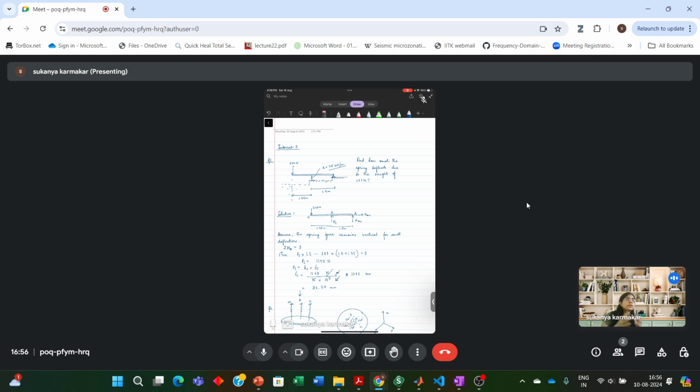These are the two main areas which I have touched upon, what I wanted to cover today. Again, if you have any doubt, please drop an email to me.